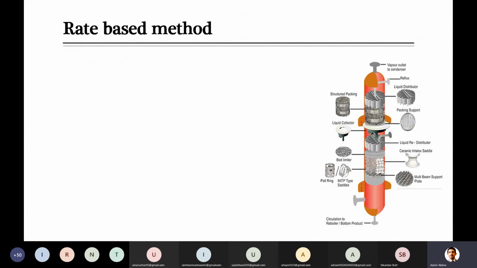So in order to avoid that, we can go for these kind of systems in which there are no trays, there is only packing, and when liquid and vapor come in contact with each other, they are continuously flowing, and there is no need for vapor liquid disengagement space in this kind of equipment. So they can help us in those services where foam formation takes place.